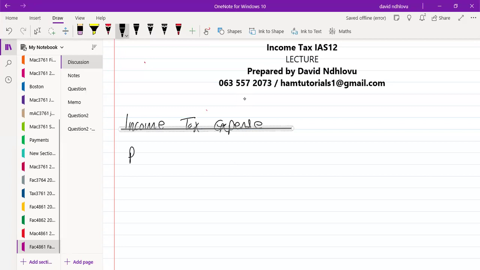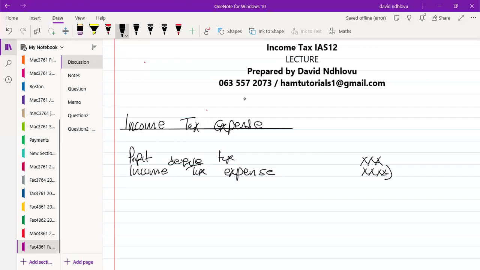So usually where you have your profit before tax amount, whatever figure that you'll be having, then you can have your income tax expense here. Right, so normally you don't write income tax expense, just write income tax there. Right, then when you deduct that, you are then able to get your profit for the year.